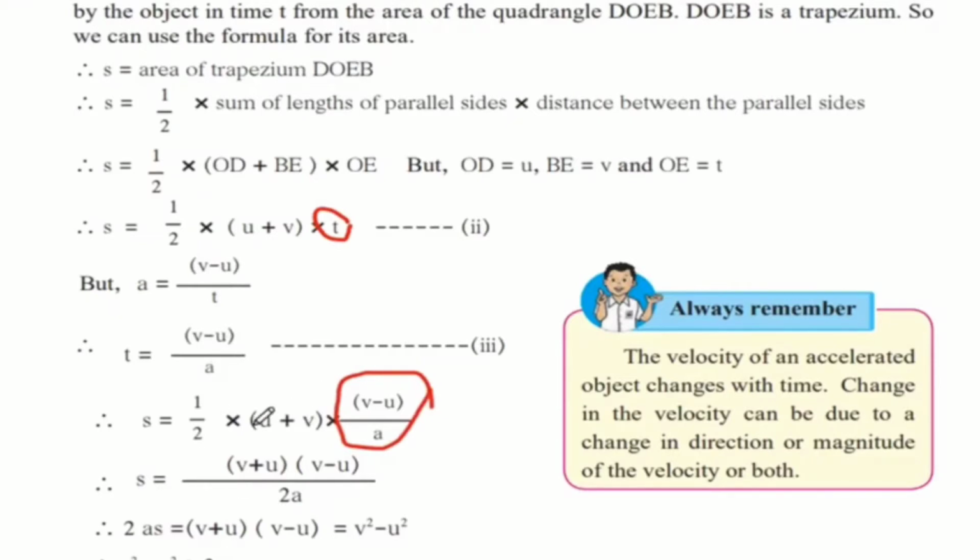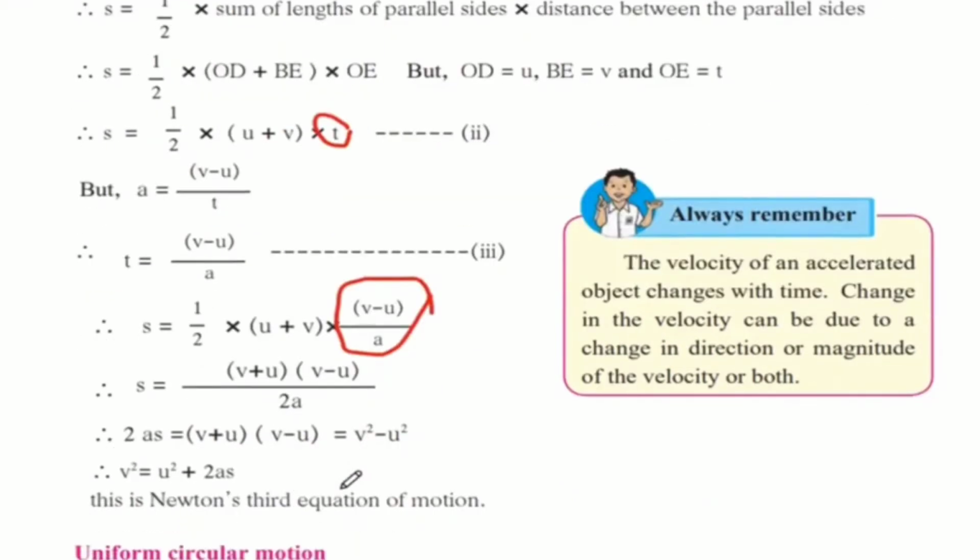So when you take v minus u together, it would be s is equal to v plus u into v minus u upon 2a. And as we know earlier, a plus b into a minus b is equal to a square minus b square. So using this algebraic identity, we would finally get Newton's third equation of motion, that is v square is equal to u square plus 2as.